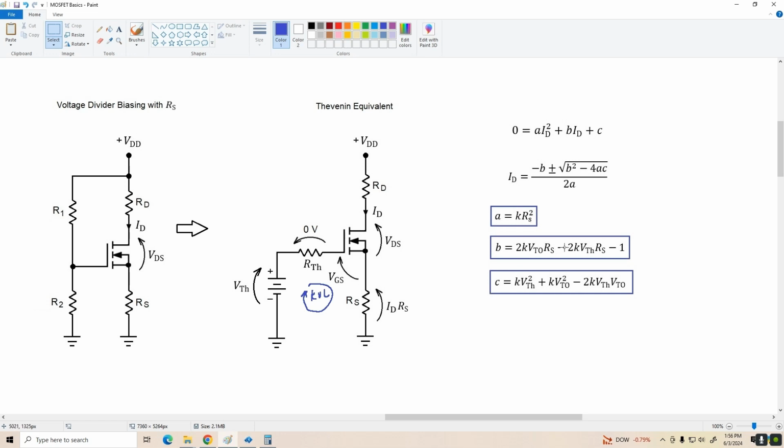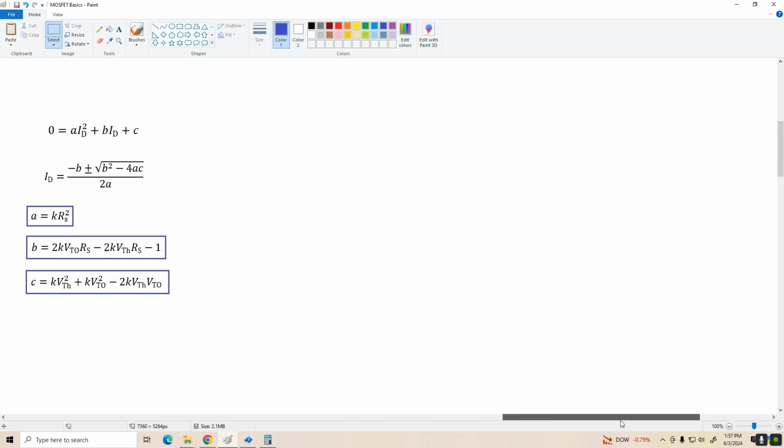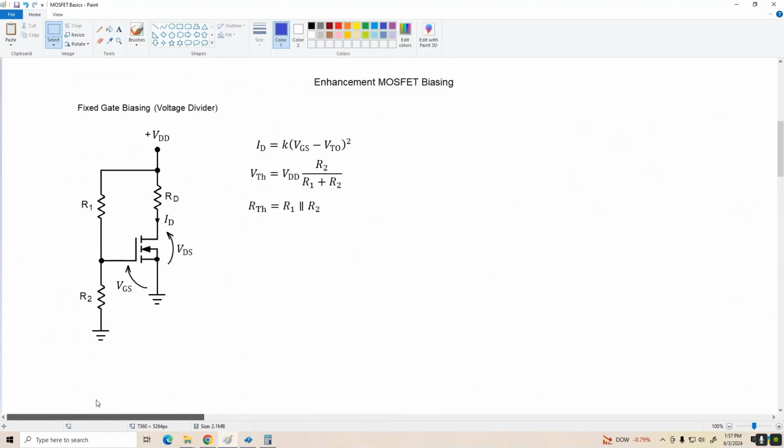Probably the best thing to do would be to write some kind of script in, say, Excel, or if you have a programmable calculator, enter your constants and have it crunch it ahead of time, because this is very messy to evaluate manually. But anyway, let's take a look at an example problem.